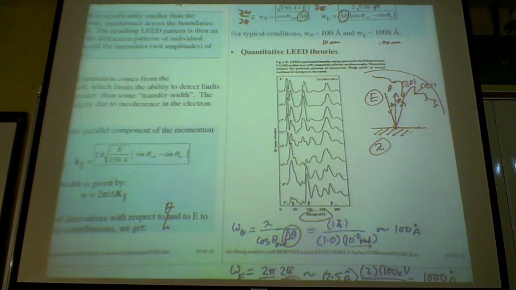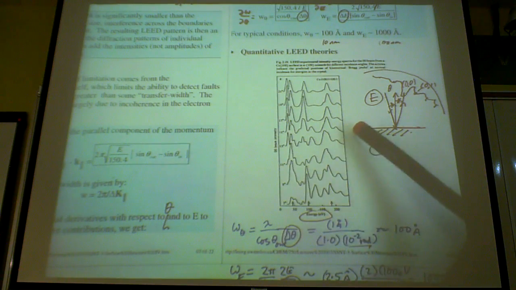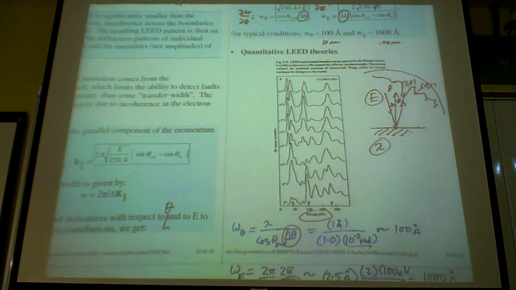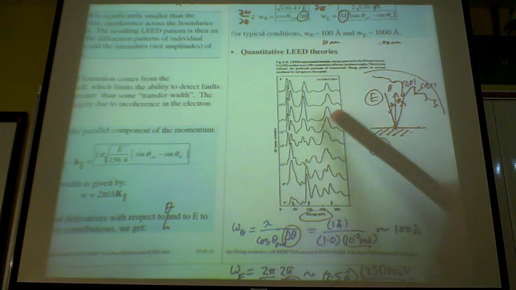In other words, I'm just trying to measure quantitatively the intensity of my entire pattern in this scattering space. And then once I have that, I can use some electron scattering theory and compare. Essentially, I calculate my intensity profile assuming a certain structure, right? And then compare it with what I measure. And this is what I see.